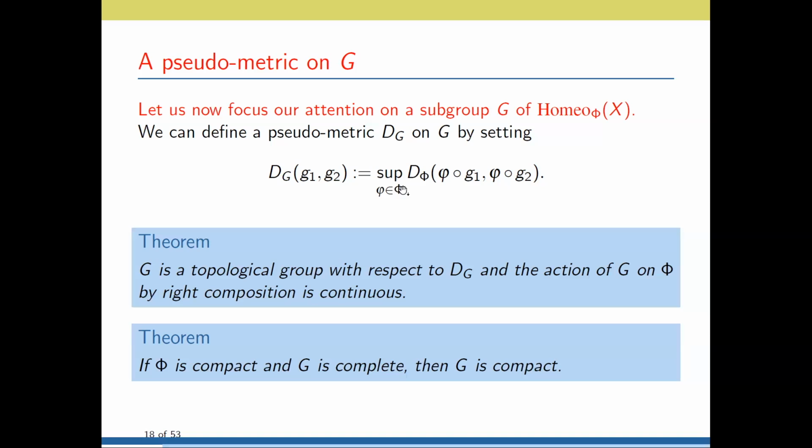A collaborator of mine, Dr. Farad Samad, has shown that you can always complete G, and also every structure you can introduce in this game. So you can assume that if phi is compact, then the group is always compact. Everything comes from the measurements in this game. You have no structure on X and the group. You put a structure, inheriting the structure from the set of measurements.